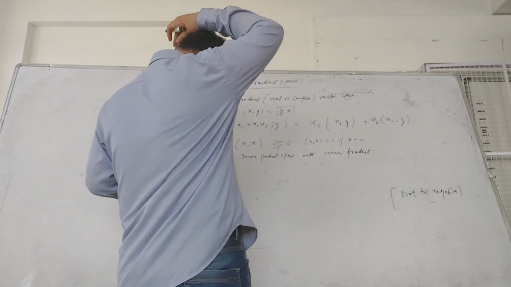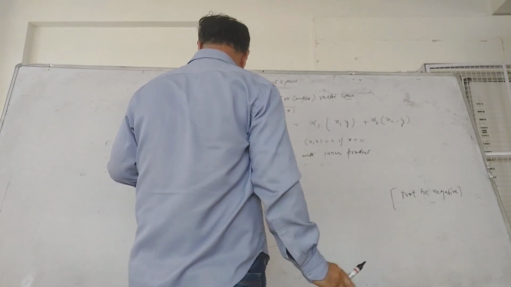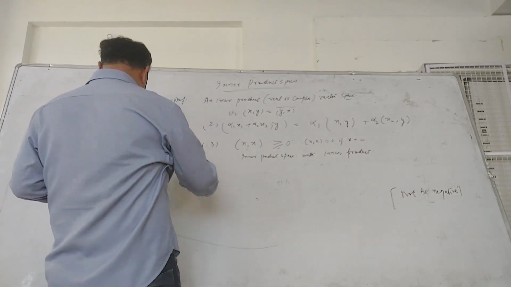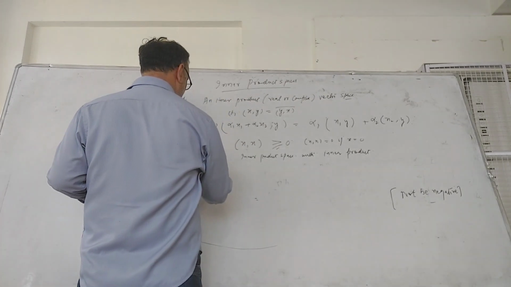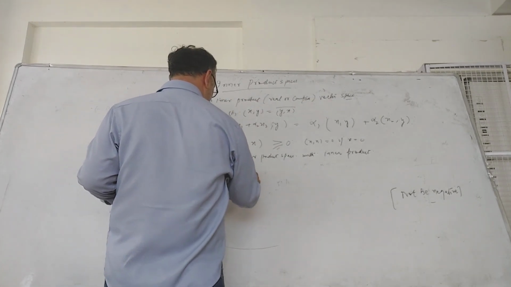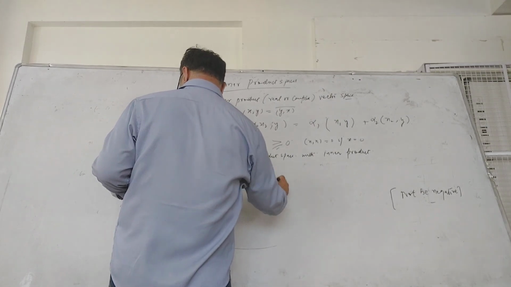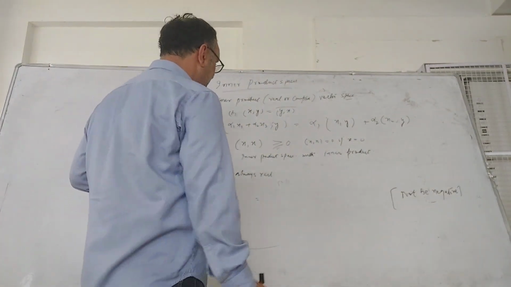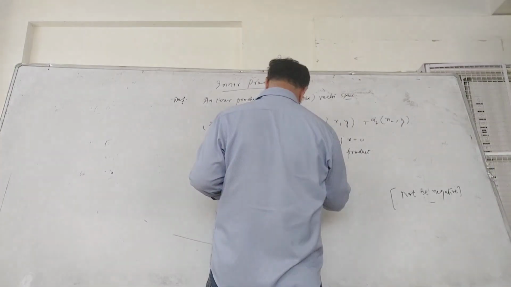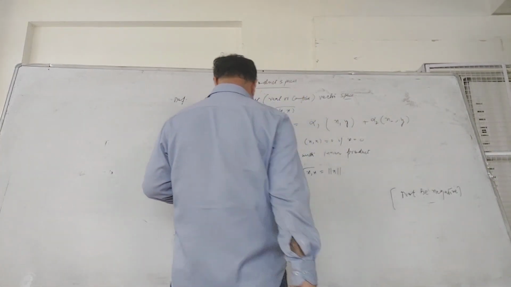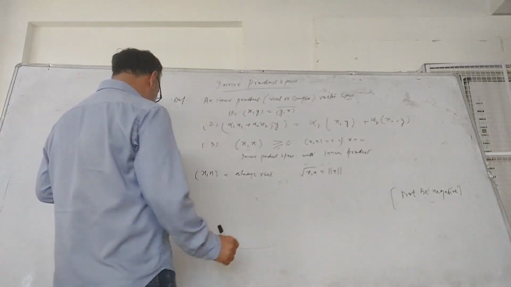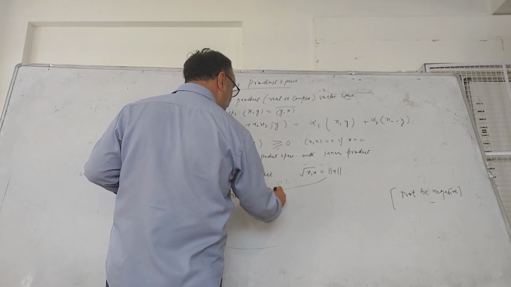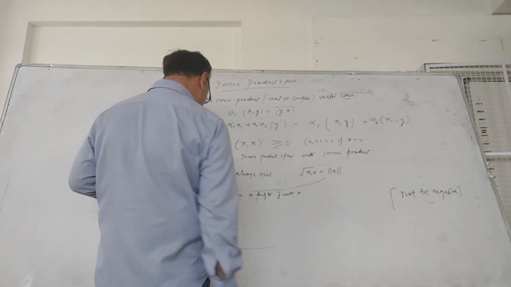In a real or complex vector space, this implies that the inner product of x with x is always real, and the inequality makes sense, such that the mode of x, the square root of the inner product of x with x, is called the norm or length of vector x. It's as simple as that.